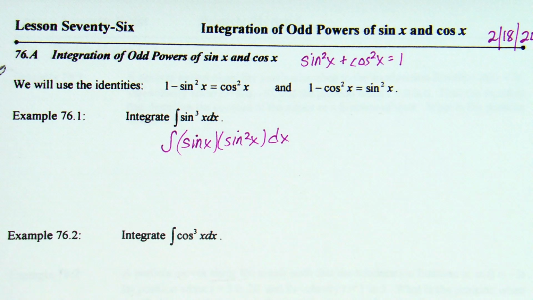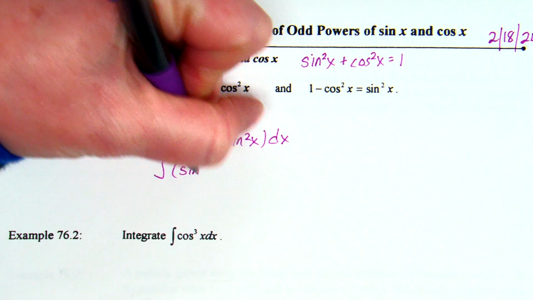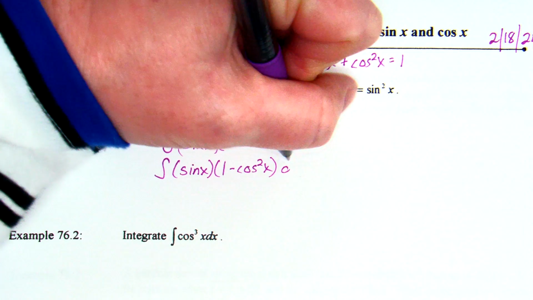Using our identity, sine squared x can be replaced with what? 1 minus cosine squared x. So now I'm going to have the integral of sine x times 1 minus cosine squared x dx.